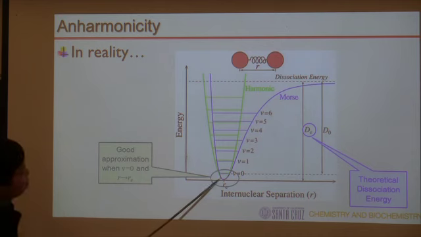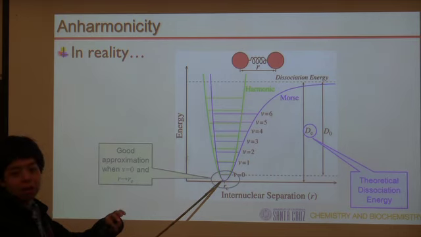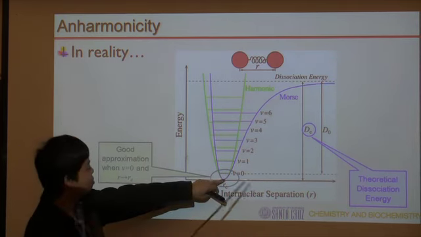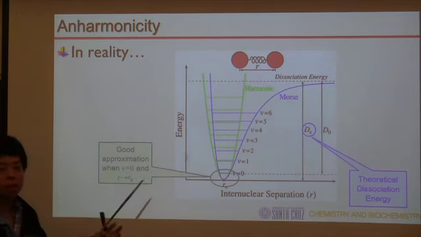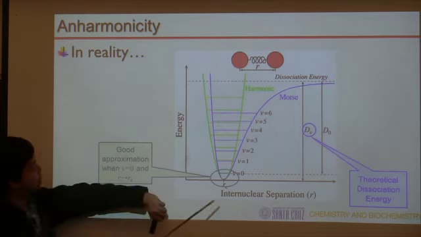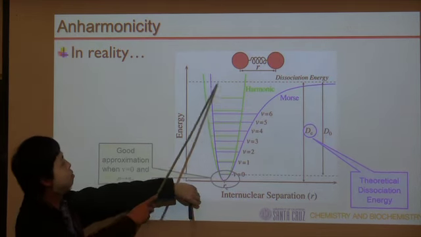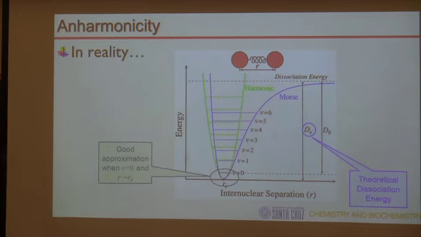The energy from the lowest level, in theory, until reaching this level is called the theoretical dissociation energy. It's somewhat like the ionization energy we discussed in the hydrogen model: you have an atom at that energy state and you ionize it to infinity. The same thing here: you have a diatomic molecule in the ground state and you excite it to the dissociation level, so the energy we require is the dissociation energy.